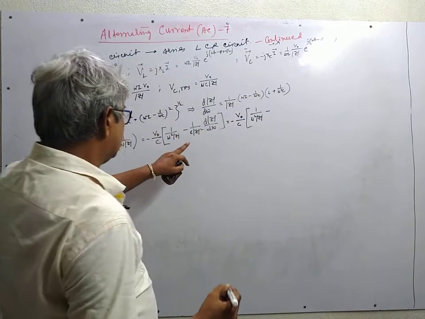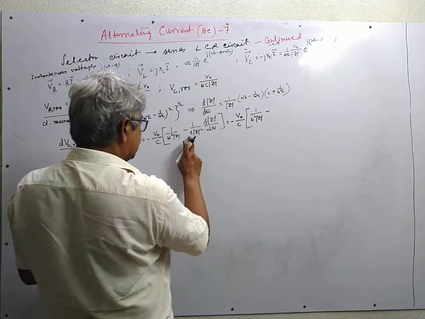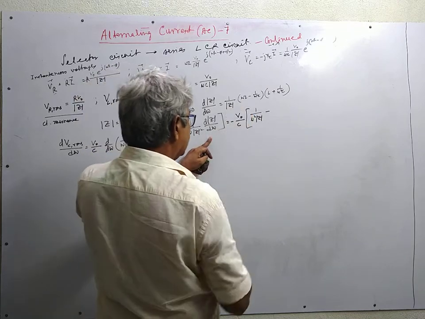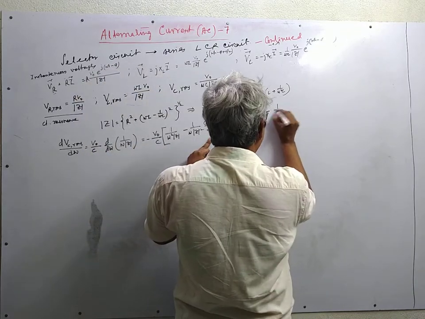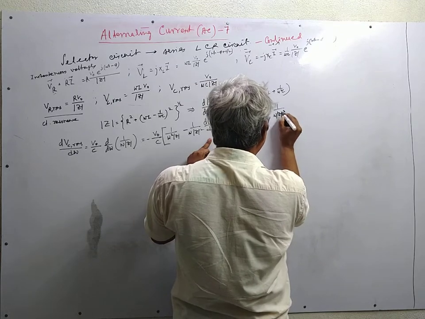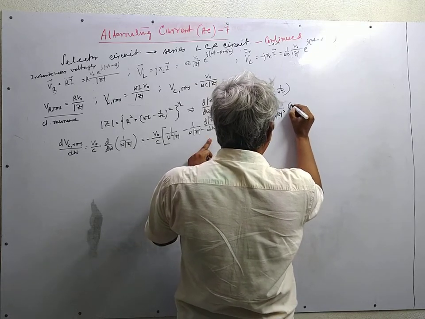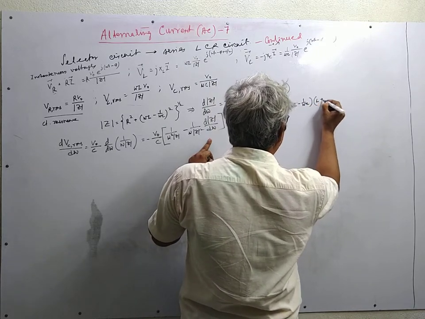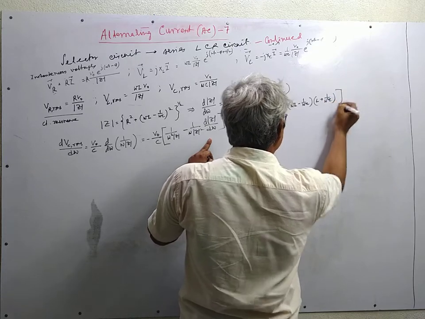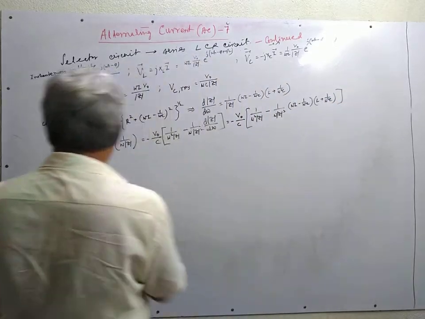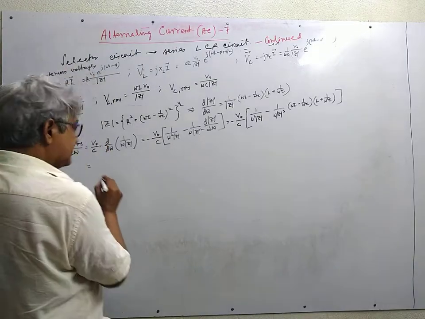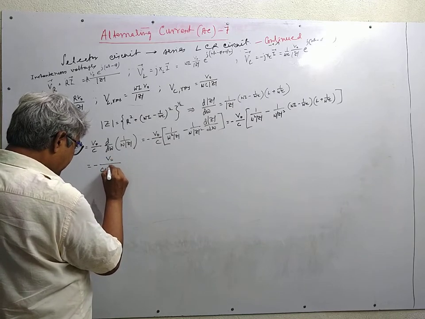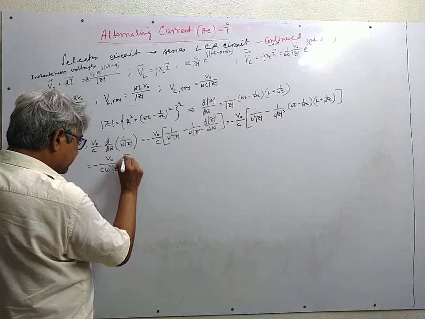minus, for this is not C, this should be omega, and for this we write this one, so this is 1 by omega mod Z cube, and then we have omega L minus 1 by omega C into L plus 1 by omega square C. We take minus V0 by C omega squared mod Z cube common.